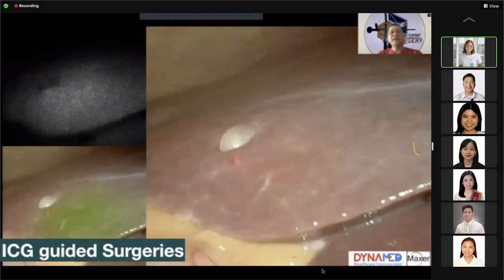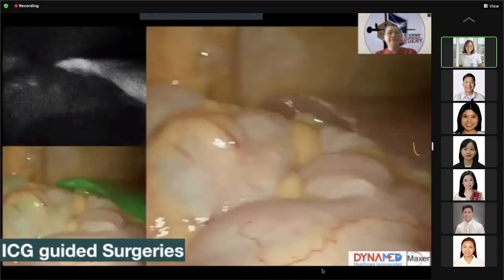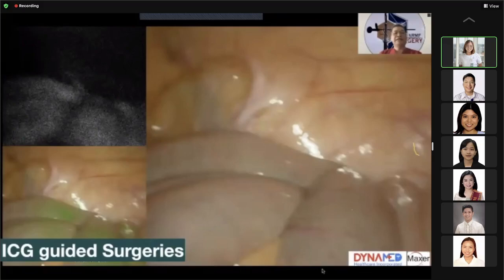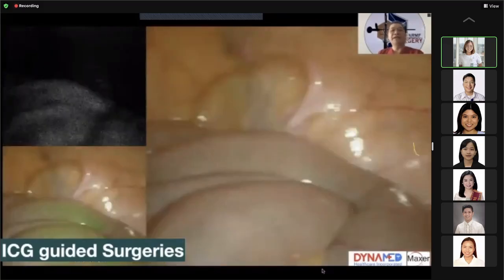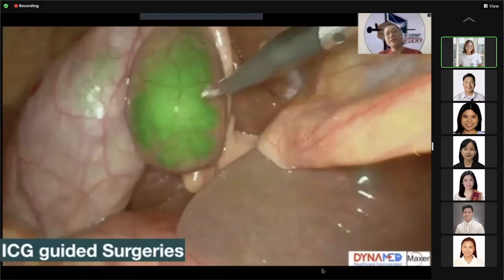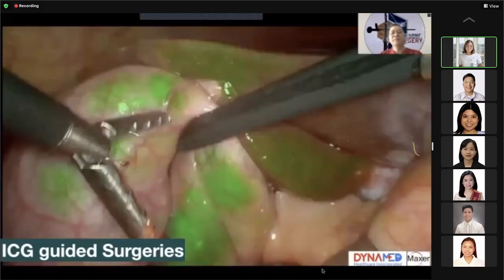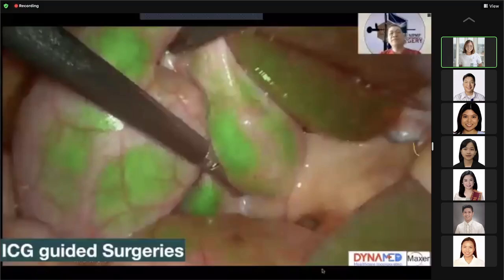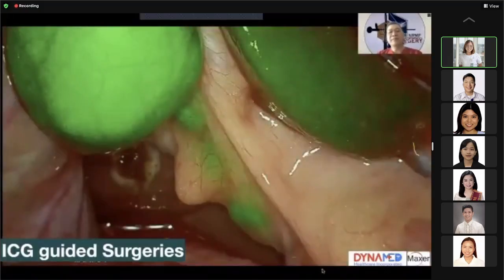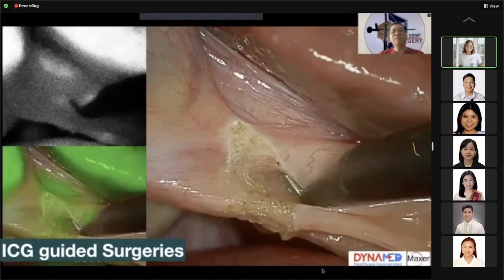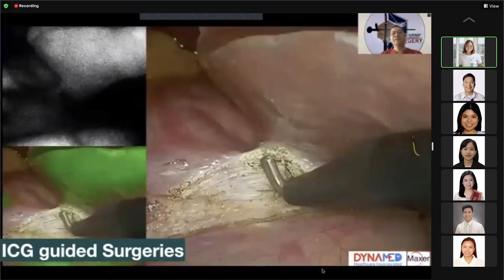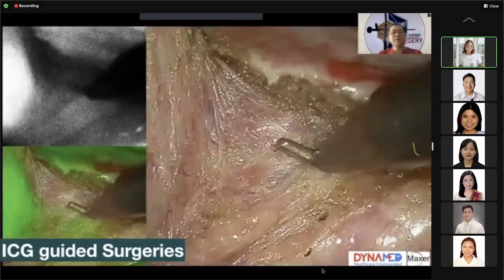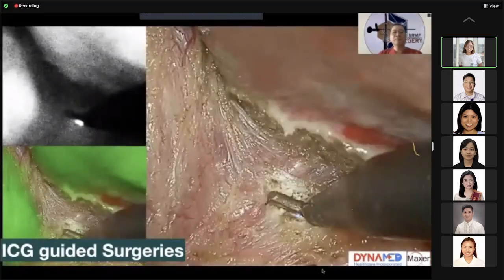These are image-guided surgeries, the ICG, the indocyanine green guided surgery. You can see the gallbladder is colored green. So the advantage of this is that you have a better anatomy, you have a roadmap for a safe surgery. Unlike in usual laparoscopic surgery, your structures are all the same.